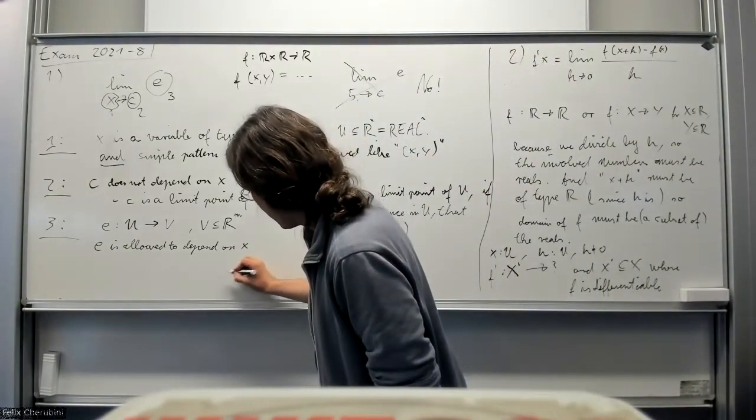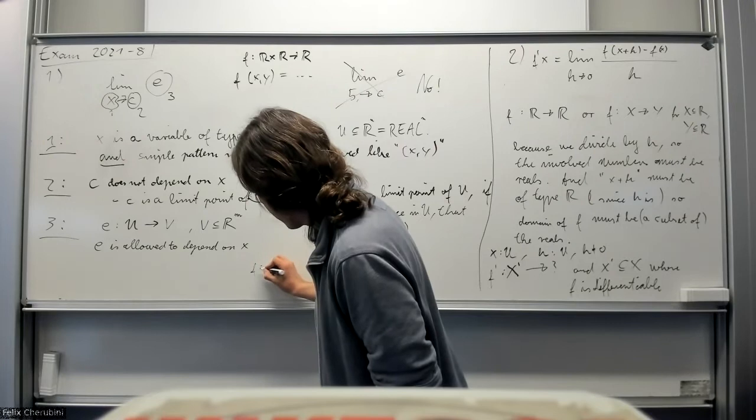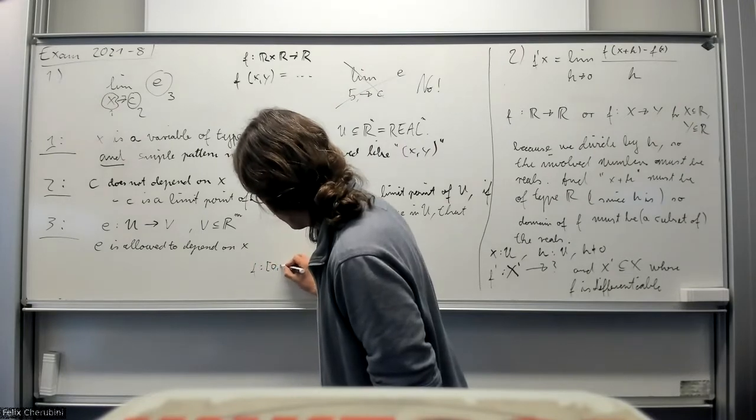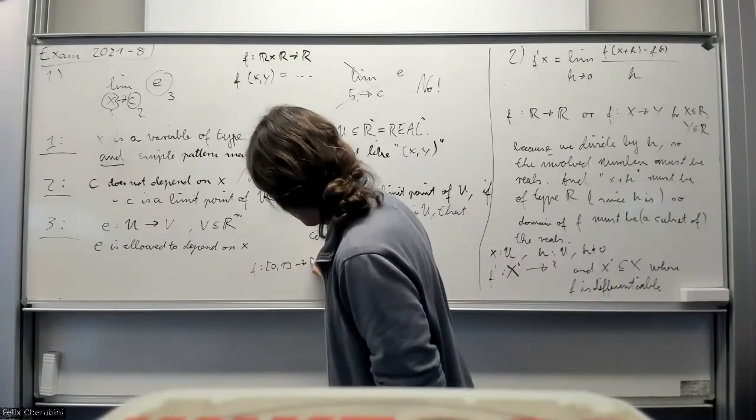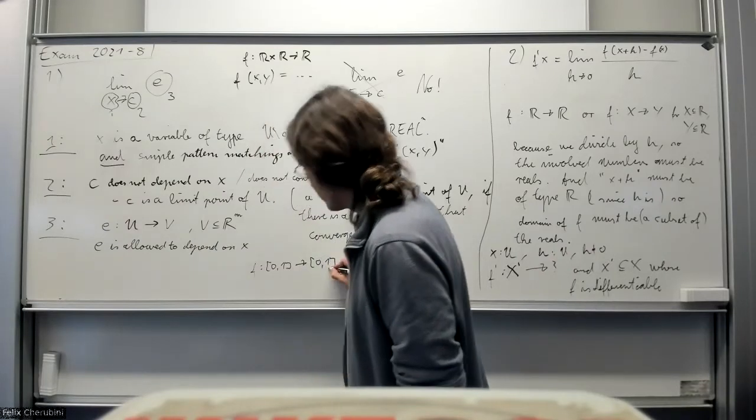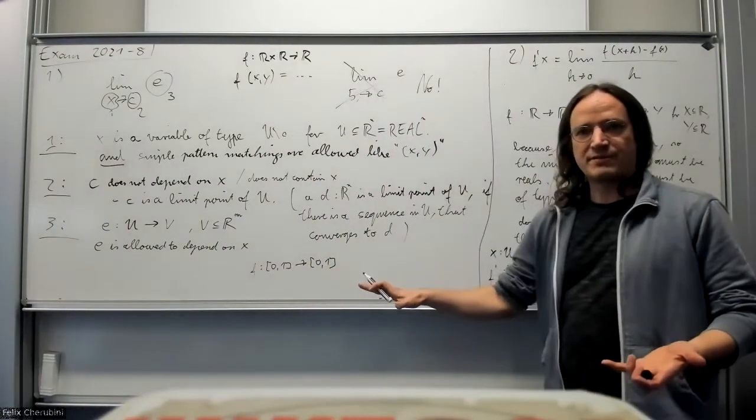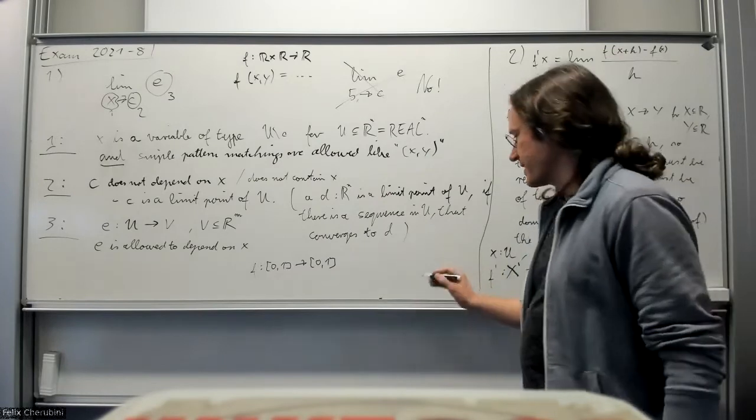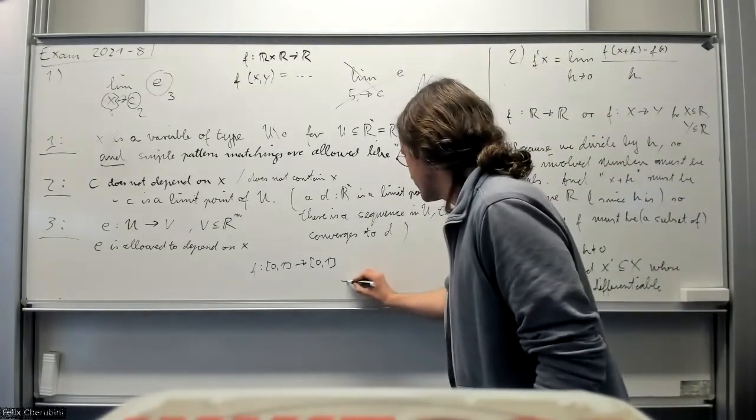for example, we can have a function, let's say, from [0, 1] to [0, 1]. Everything nice and real. Let's say it's everywhere differentiable.